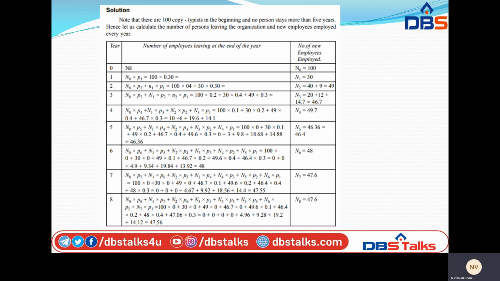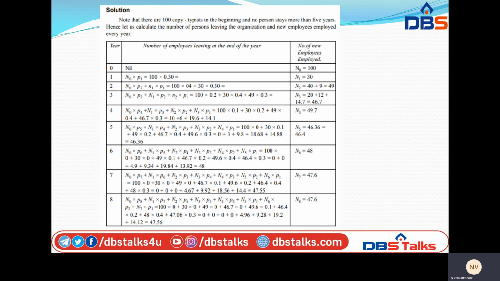Then in the third year, how many members are left out? The same number is to be introduced. So n0 into P3 plus n1 into P2 plus n2 into P1. For easy understanding, write the number of employees as n0, n1, n2, with the probabilities of failure P3, P2, P1.